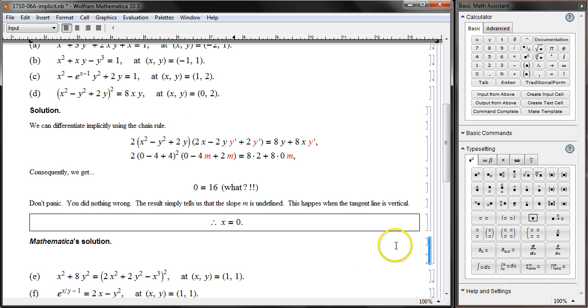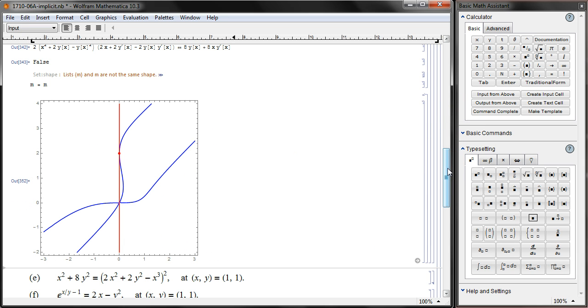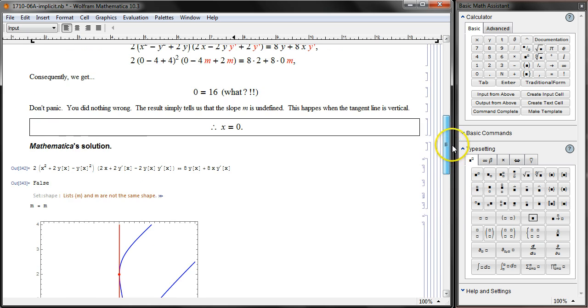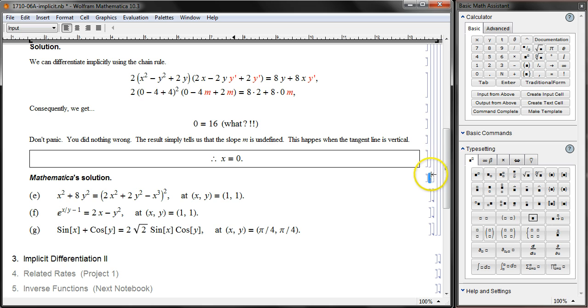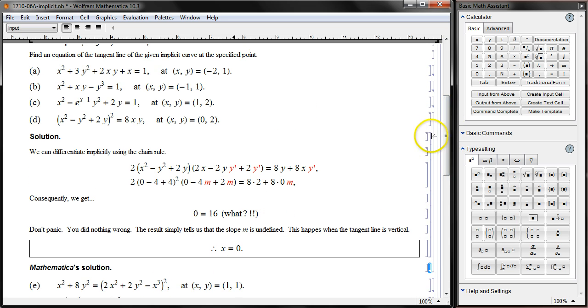Well, here is the mathematical verification, and here we go. In order to see this property better, I disabled the coordinate axis and put the frame instead. So the y-axis, x equals 0, this is indeed the tangent line. The point (0, 2) is right here. Sometimes this kind of thing happens. When the slope is undefined, or you get something ridiculous like 0 is equal to 16, you look for the vertical tangent line.